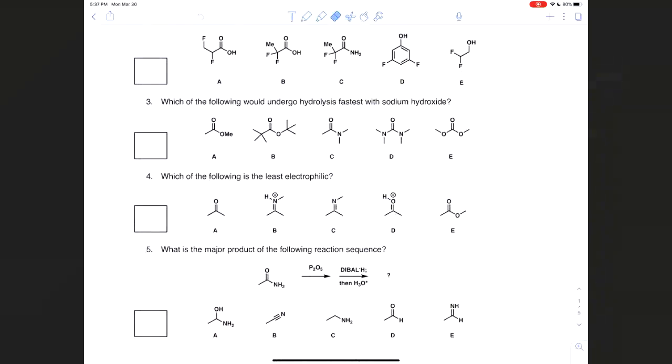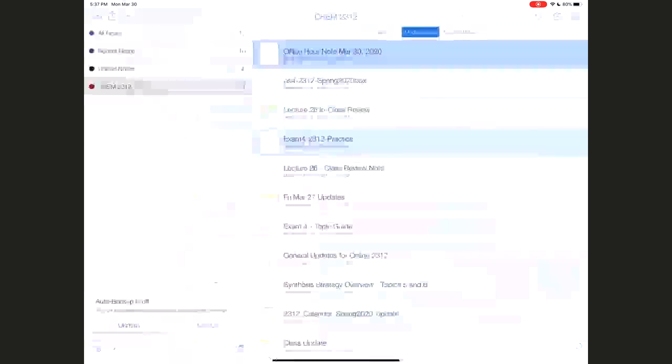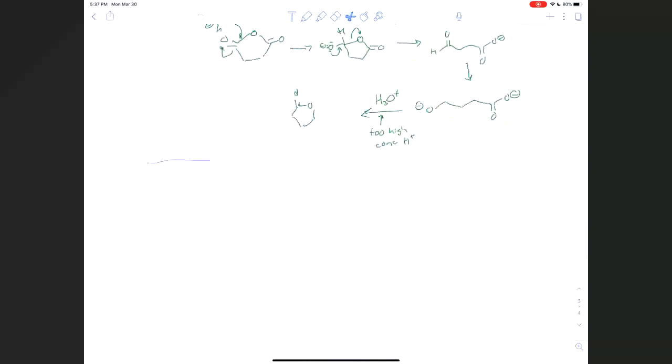Which of these is the least electrophilic? And then we'll get to the DCC question, the first time. Just trying to stay in order. First come, first serve.